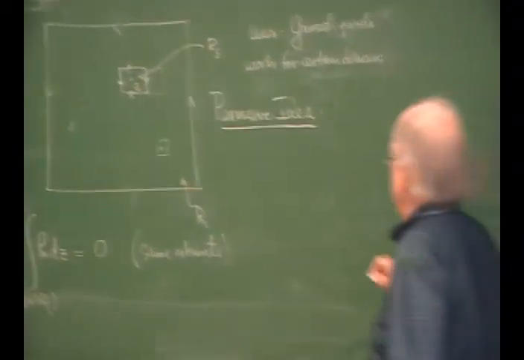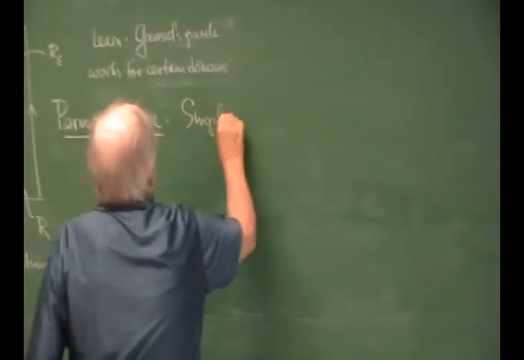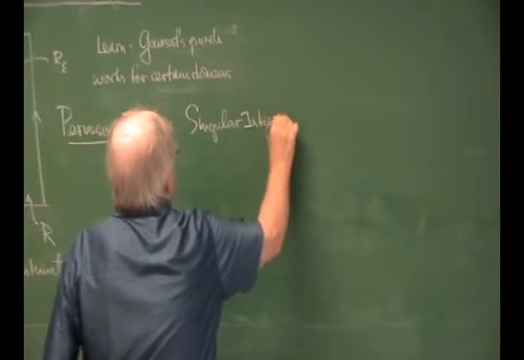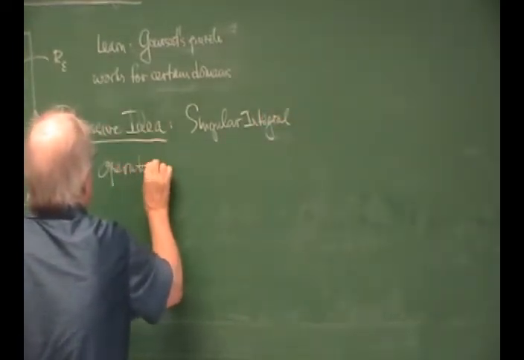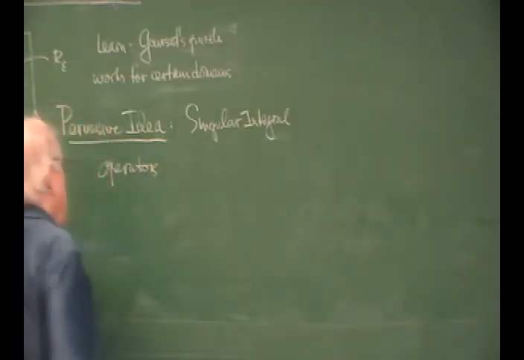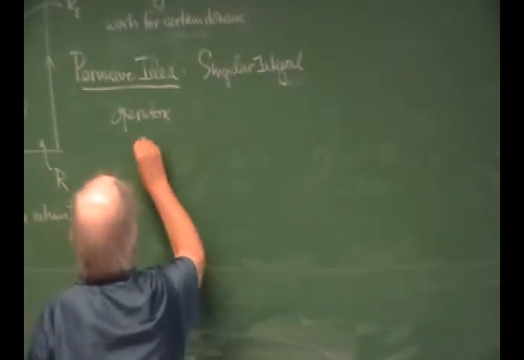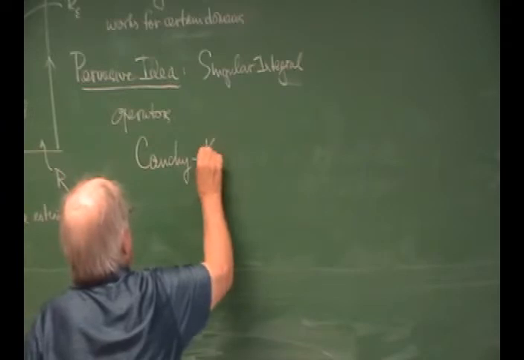It's called the method of singular integral operator. And this idea was already known to Cauchy. Here, Cauchy had already introduced something called the Cauchy kernel.